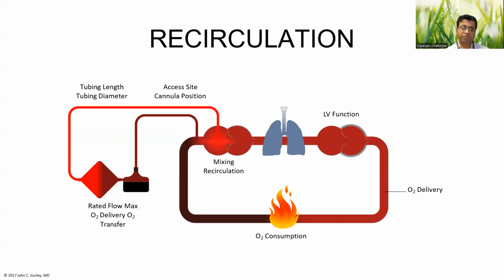Suppose you have a 4 liter ECMO flow, 4 liters of oxygenated blood is coming to the right heart, but the drainage cannula and the return cannula being close together, part of the oxygenated blood is getting sucked into the ECMO circuit. So the net oxygenation reduces. The outcome of this may be that the blood from the ECMO circuit remains fully saturated, but you have reduced oxygenation of the patient.